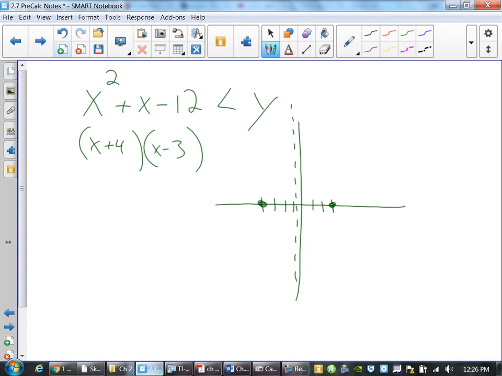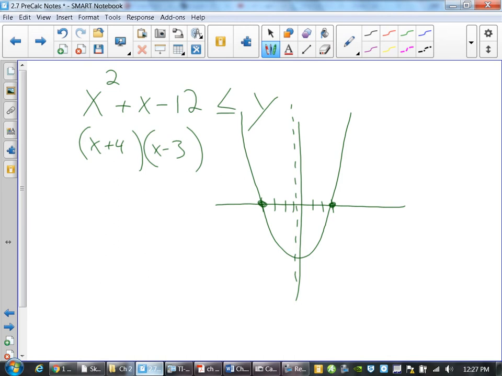But for the sake of argument, I'm just going to draw the parabola. I'm going to make it a solid line just so we don't have to worry about it. I could substitute in negative 1 half and find it, but for the example, I'm just showing you what's happening via the graph. Now, what this question is asking is, where is it less than y?